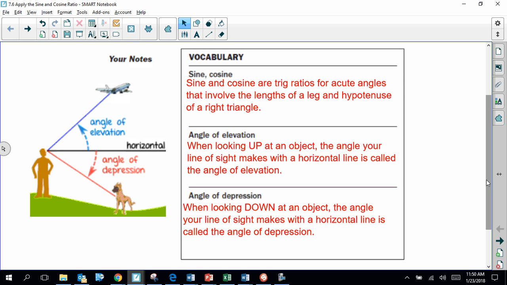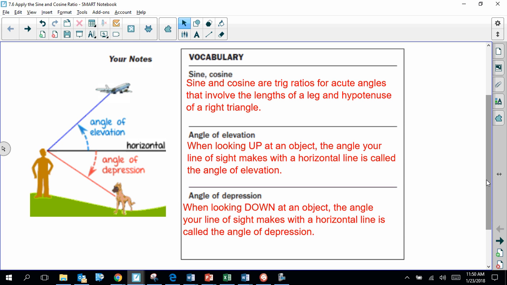So if you're following along with your notes, oh, pay no attention to the bell there. If you're following along with your notes, please make sure you copy down the diagram to show what an angle of elevation or an angle of depression is. And notice that they're always going to be inside of an angle made with a horizontal line. Oftentimes people will misconstrue, particularly an angle of depression.